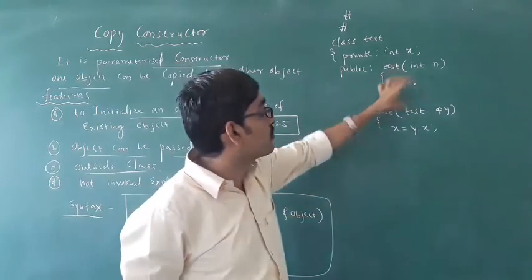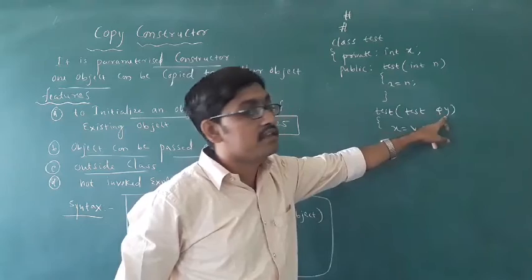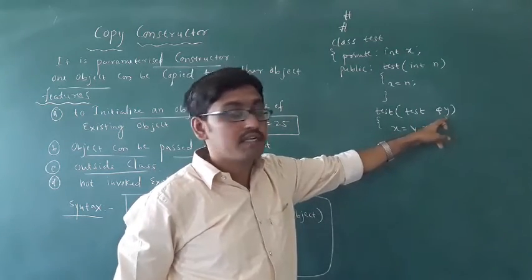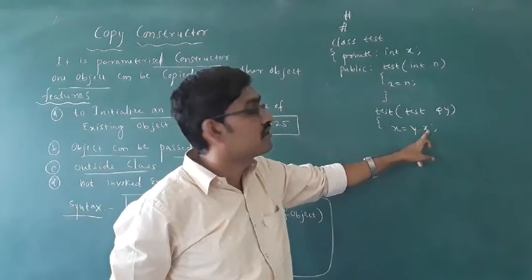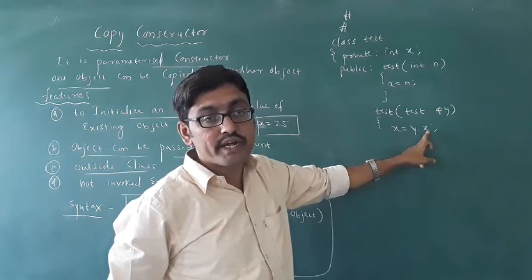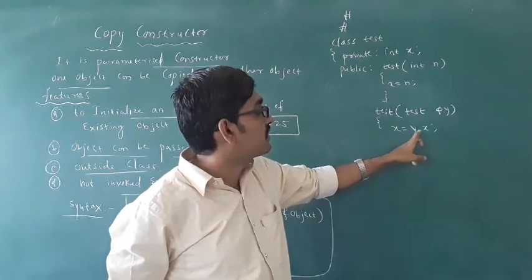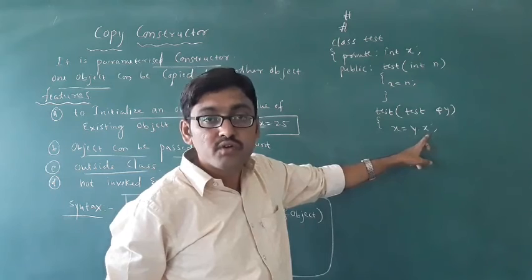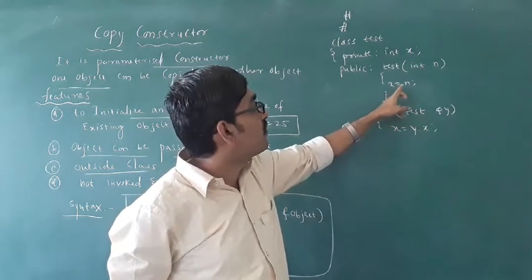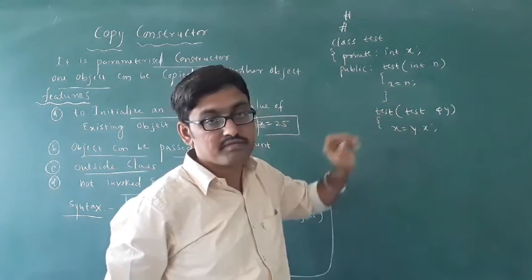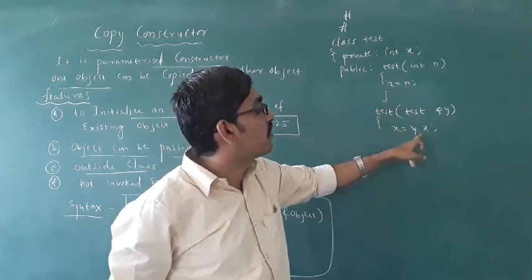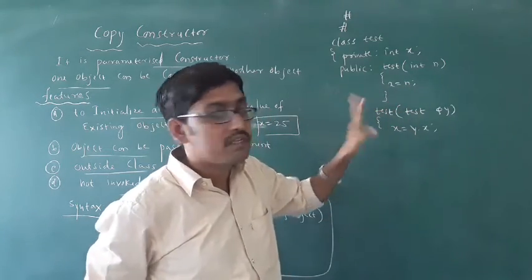Text and y, this is nothing but an object; by using object dot data member, how to access the data members? Object dot data member means the value of n will be copied here. Got it?